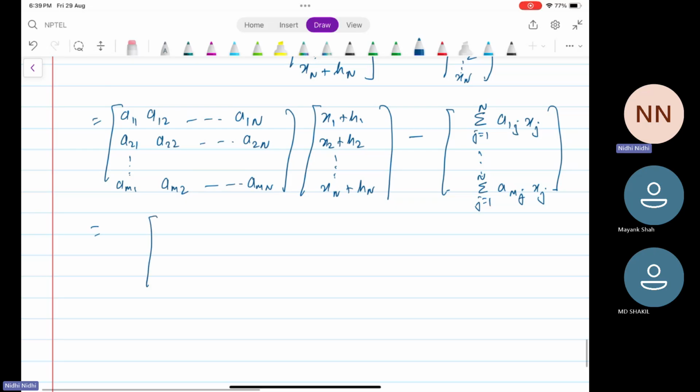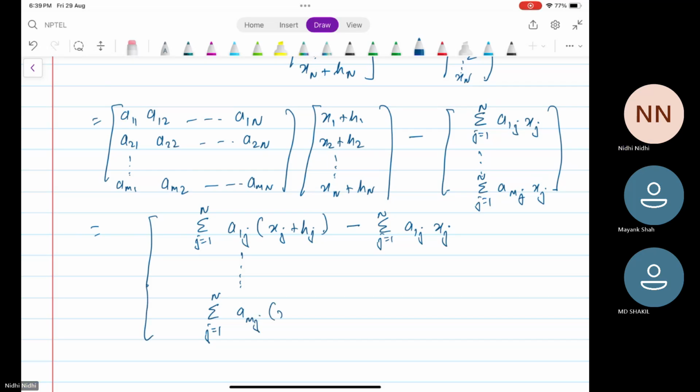And this will be summation over j from 1 to n of a_1j times (x_j plus h_j), minus summation over j from 1 to n of a_1j x_j, and so on to summation over j from 1 to n of a_mj (x_j plus h_j), minus summation over j from 1 to n of a_mj x_j.